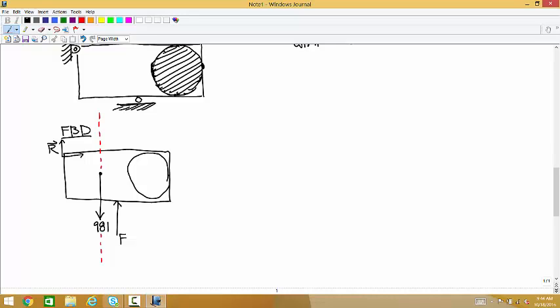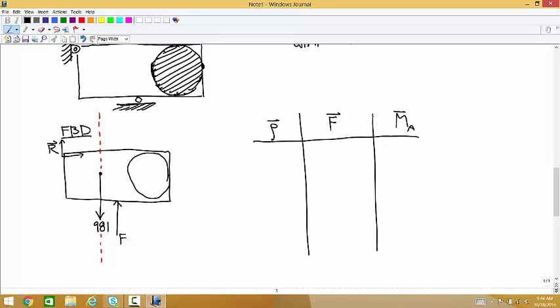Okay, so now let's fill out this table. So rho, F, moment. And, well, our origin in calculating the coordinates of the centroid was down here.